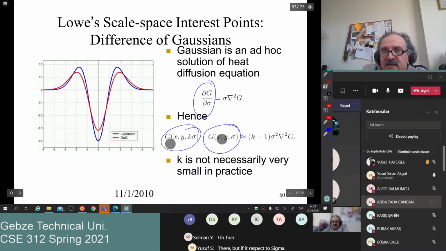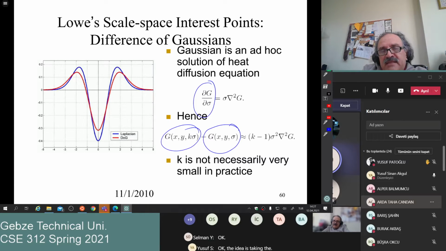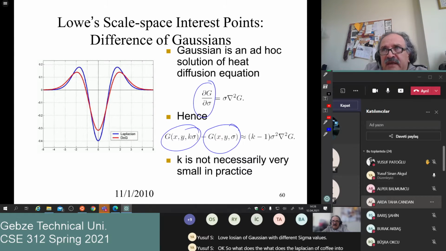That's what it looks like. But I am trying to approximate the Laplacian of the Gaussian. The idea is taking the Laplacian of Gaussian with different sigma values. What does the Laplacian of Gaussian do? It finds the edges, right? So it is trying to find the edges in the scale space. And if the edge that I find is very different from neighbors, then I will like it.